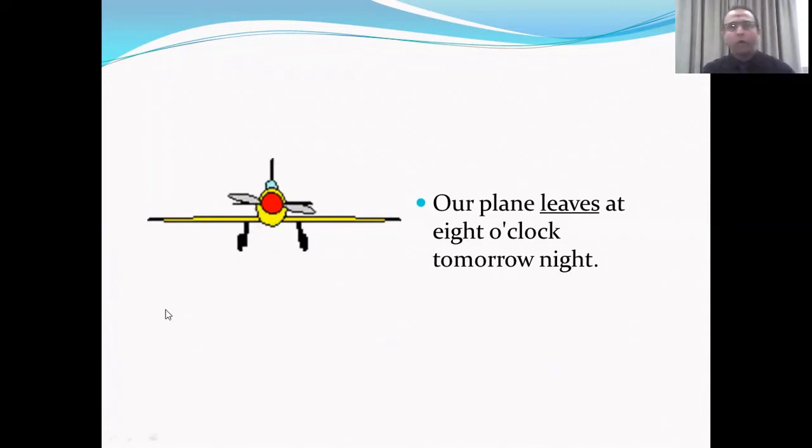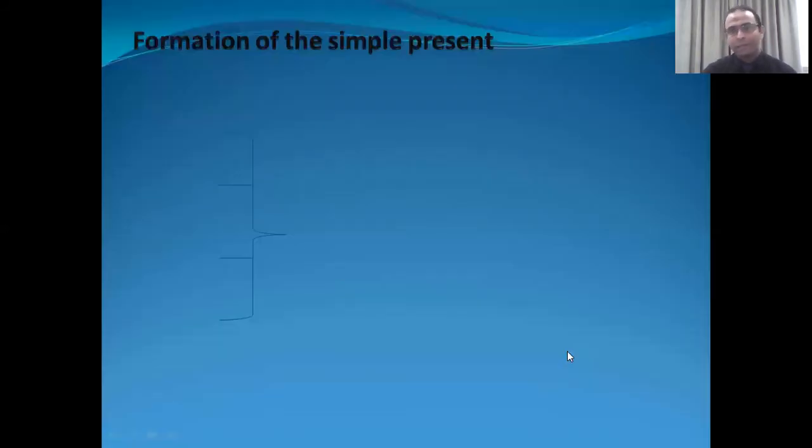So I say our plane leaves at 8 o'clock tomorrow night. When I'm talking about timetabled things like trains, like planes, like flights, anything that is timetabled that will happen in the future, I use the present simple tense.